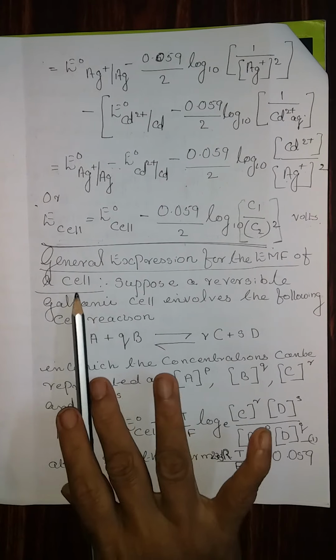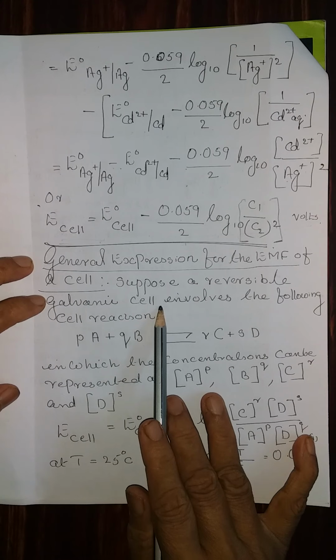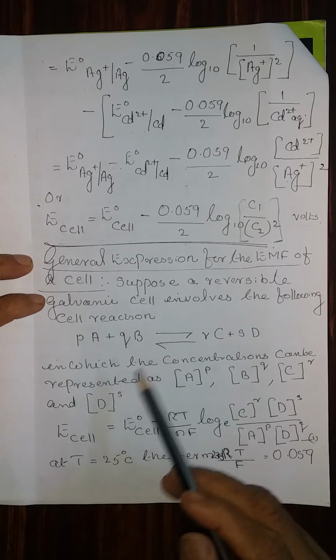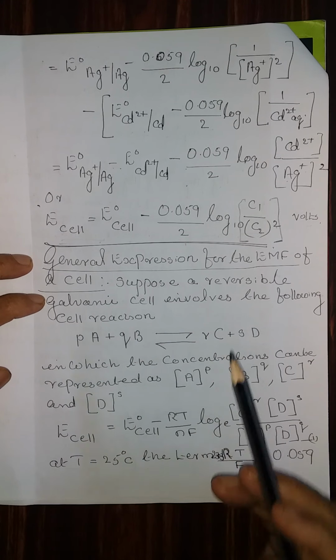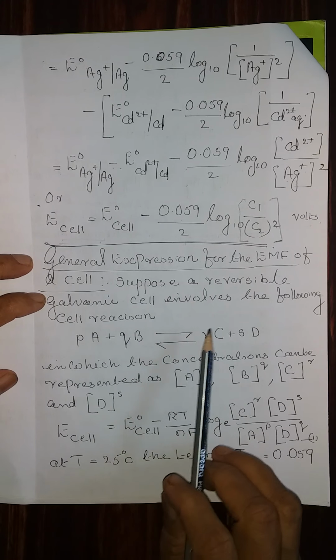Now, an important equation which can be used for whether the electrons are the same or different, a general expression we are going to derive. Using this, you can do the assignment.